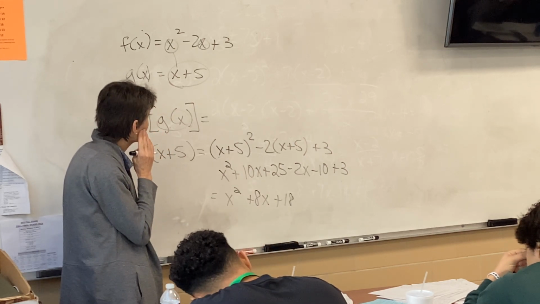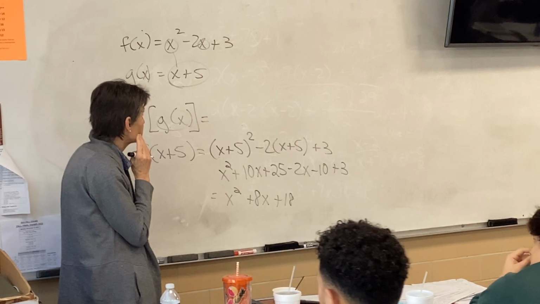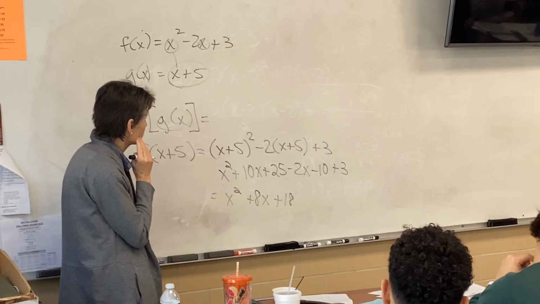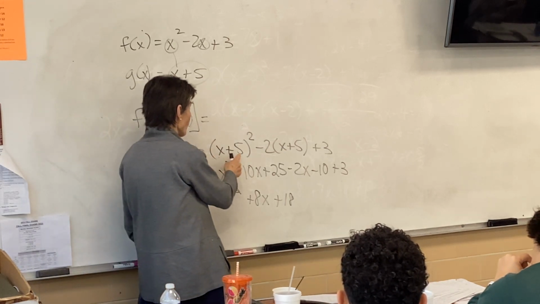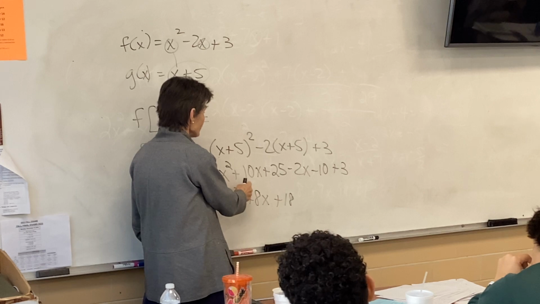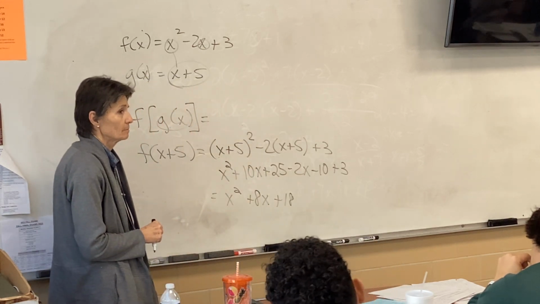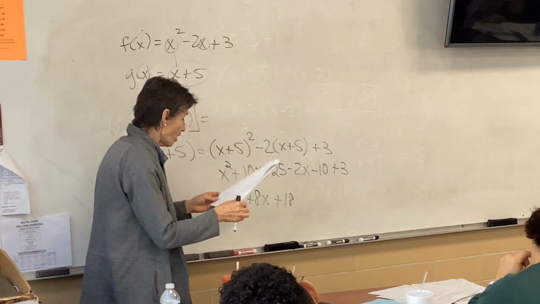You got that? What did you get? I got x squared plus 3x. I don't know how you get 3x. Because when you FOIL that, you get 10x. Well, let's do what you did. And 10 minus 2 is 8. You're right. I do get 10x. Yep, you do. I don't see a mistake. I think that's right. All right, number 10.